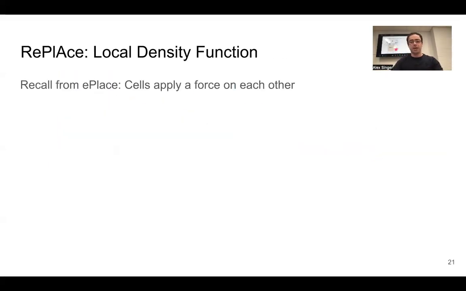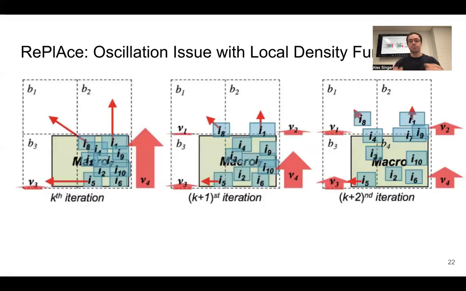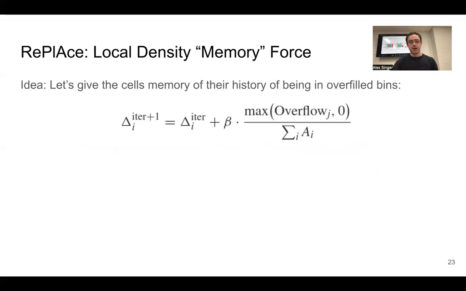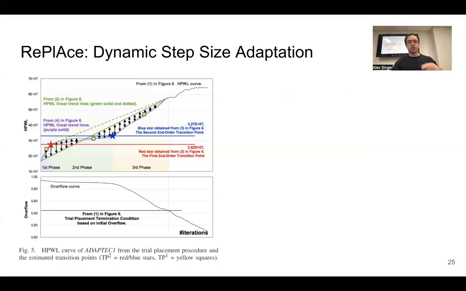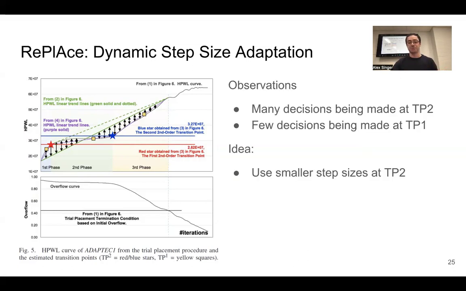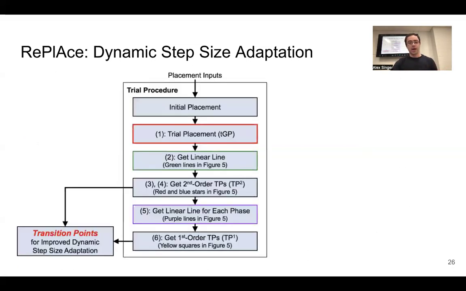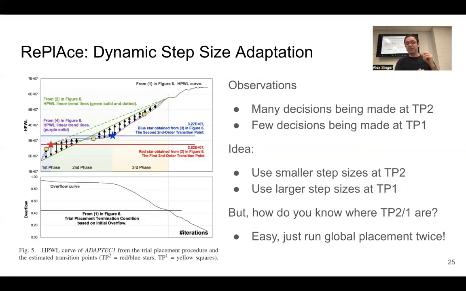They also added a momentum term, which will keep blocks moving the second they move out of a very congested bin. And finally, they did some dynamic step size adaptation based on a trial placement, where they run a global placement in its entirety to find these special points that it calls TP1 and TP2, which it uses to pick the step size.